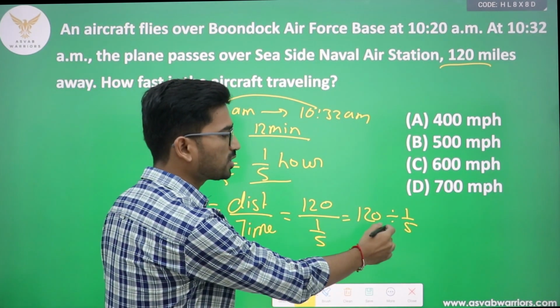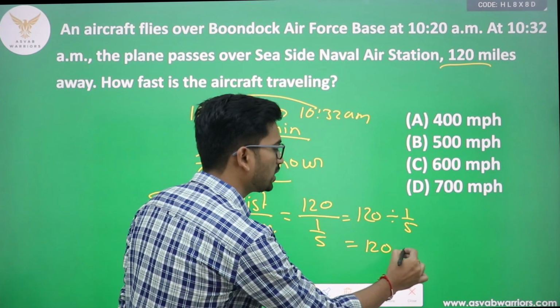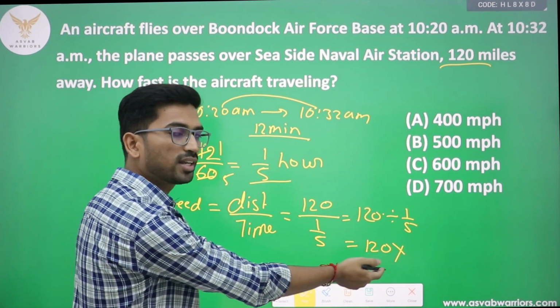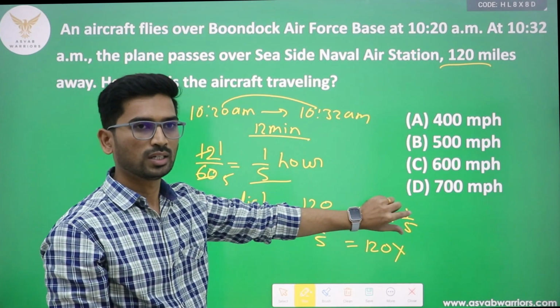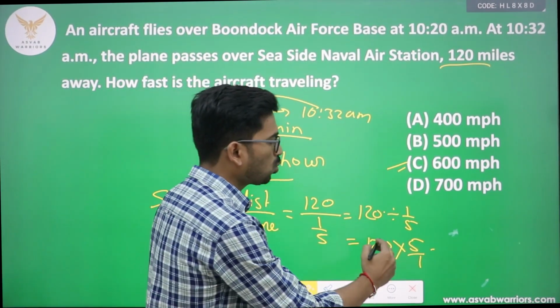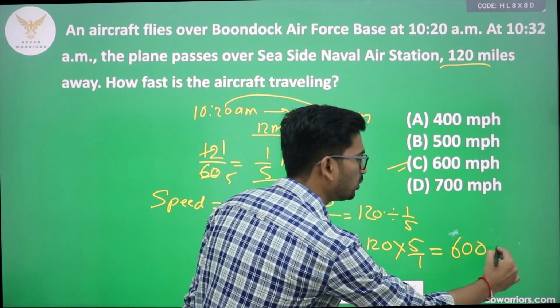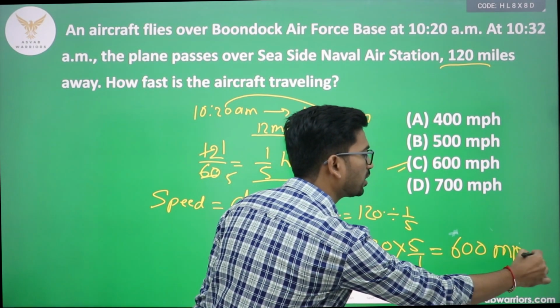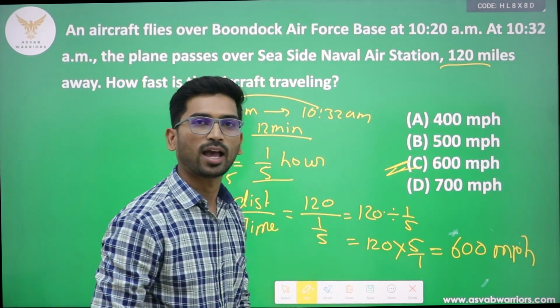Now to convert this division sign into the multiplication sign, we will take the reciprocal of the number next to it. It will be 5 by 1. So 120 into 5 is 600. And what will be the unit? It will be miles per hour. So option C will be the correct answer.